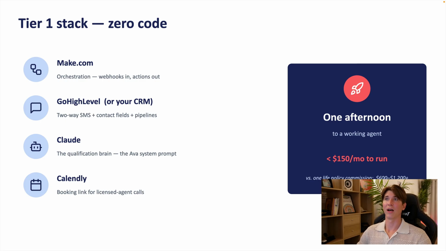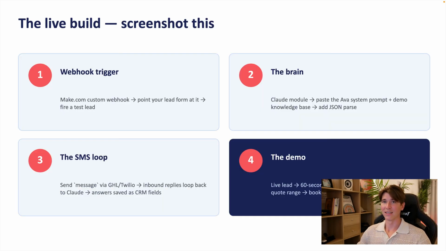Okay, so again, the framework is we trigger a webhook using make.com, and I'll show you this in a little while. Then the brain is a Claude system prompt, and we can go through the Claude system prompt.